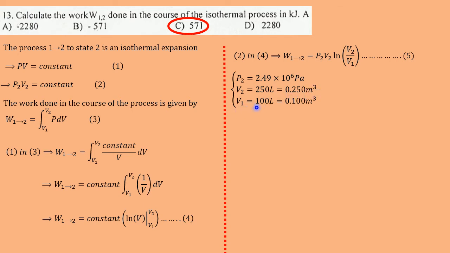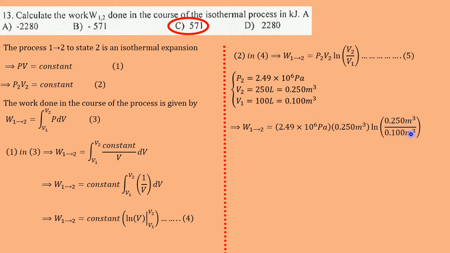When we do that for V1, we'll see that 100 liters is equal to 0.100 meters cubed. So I'm going to have these parameters substituted in equation 5 to get the work done in the process 1, 2. Now when we substitute, we're going to have W12 equals 2.49 times 10 to the 6 Pascal times 0.250 meters cubed times the natural log of 0.250 meters cubed on 0.100 meters cubed.